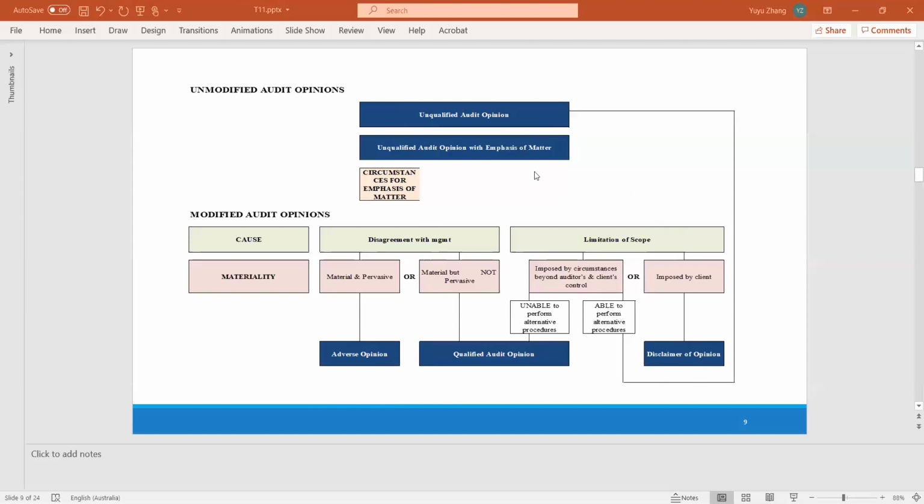Third, is this serious enough, material enough to issue the qualified opinion? And then, is this more serious? Is this extremely serious for you to issue adverse or disclaimer opinion? Okay, did I explain clearly?